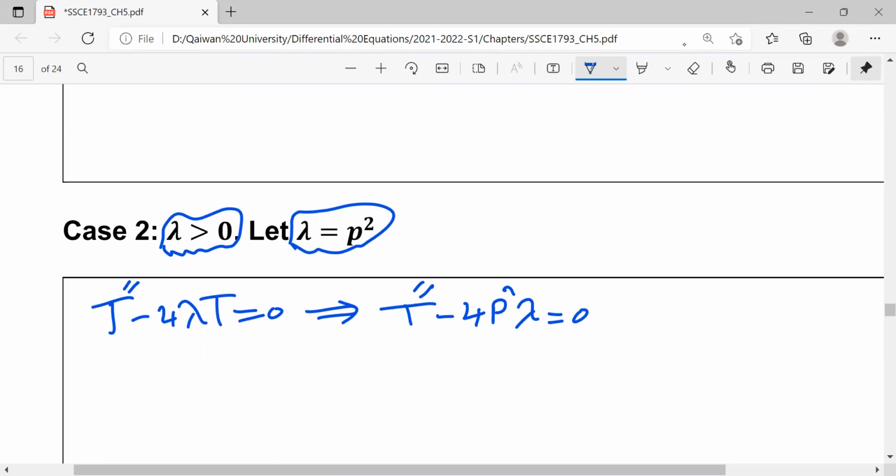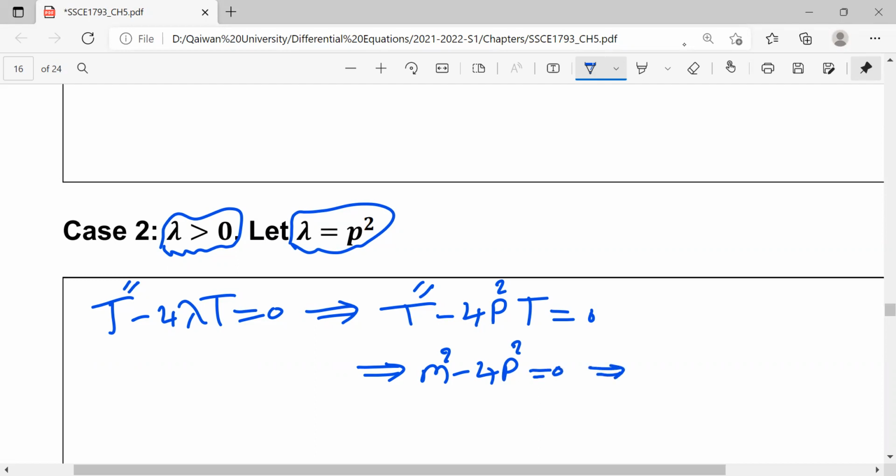For solving this, we must find the characteristic equation. For the characteristic equation, we replace T double prime by m squared, and T by 1. We get m squared minus 4p squared equals 0.